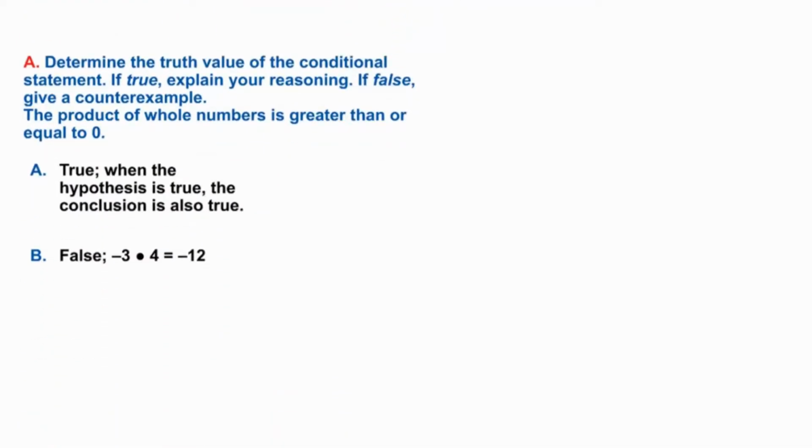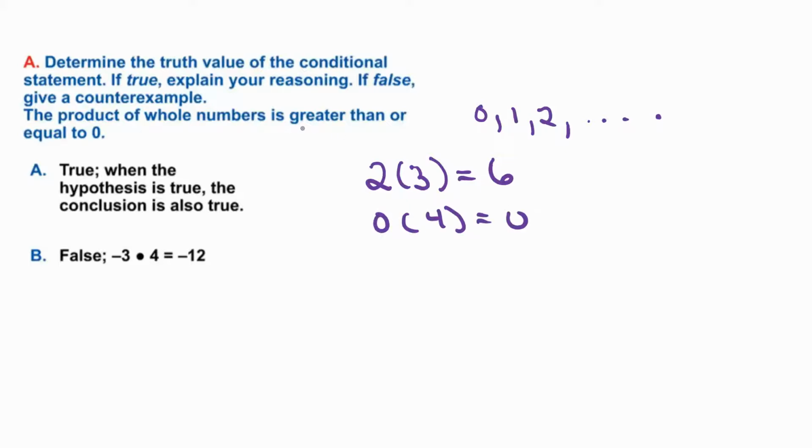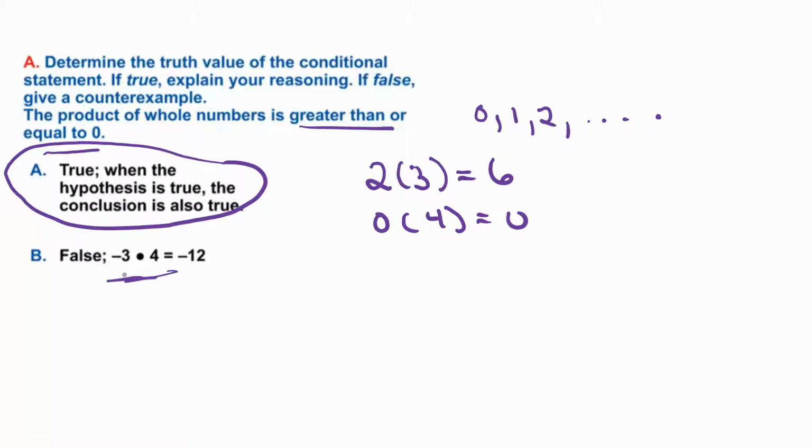The product of whole numbers is greater than or equal to 0. So remember, we have 0, 1, 2, and so forth. So if I did 2 times 3, that would give me 6. So it's true there. If I had 0 times 4, that gives me 0, and it says greater than or equal to 0. So the answer is true. The counterexample here gave us -3 times 4 is -12.